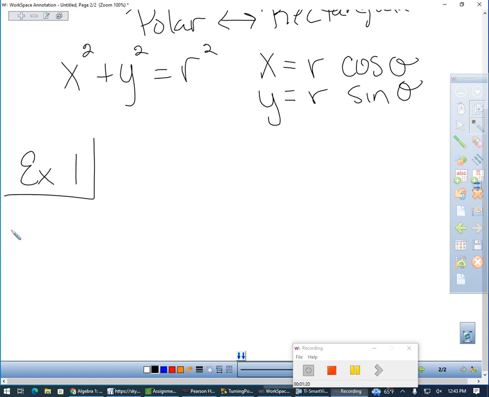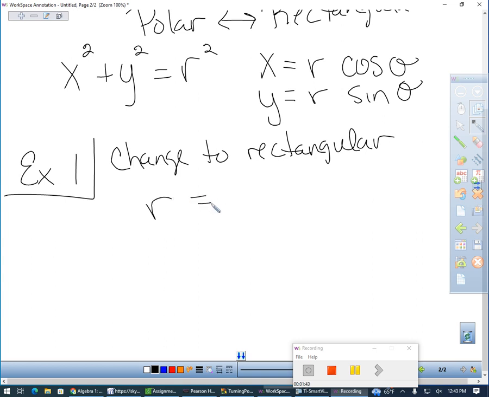I want you to change to rectangular. We're going to start off with kind of an easy one. Let's say I have r equals -3 cosine theta, and we're going to change it to rectangular.